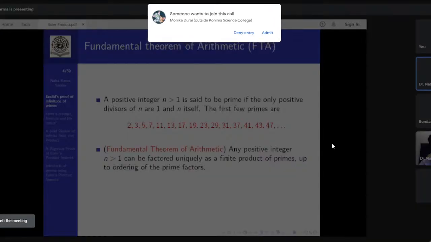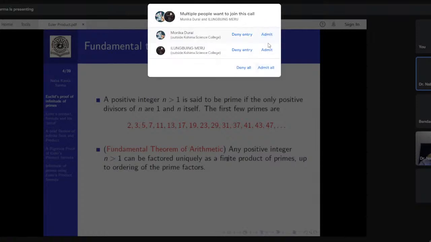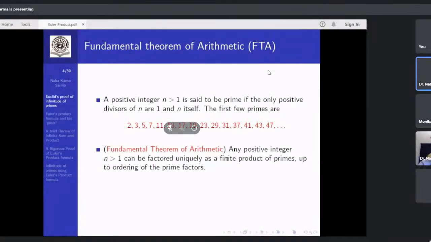For example, 6 we can write as 2 into 3. But if you allow 1 to be a prime also, then we can write 6 as 1 squared into 2 into 3, or 1 cubed into 2 into 3. So any power of 1 we can allow. In that case, the uniqueness of the factorization will be lost. So this is one of the main reasons why modern mathematicians are not willing to consider 1 as a prime number.